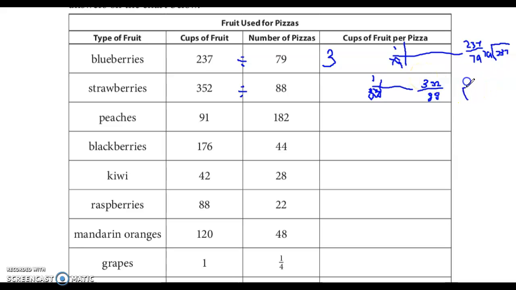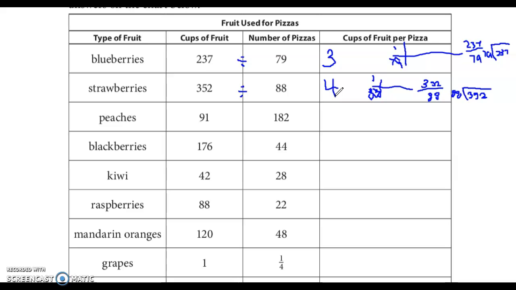Or you could set up a long division problem and solve it that way. Whichever strategy you chose, your answer should be 4 cups of strawberries on each pizza.